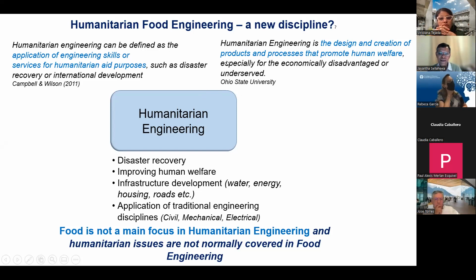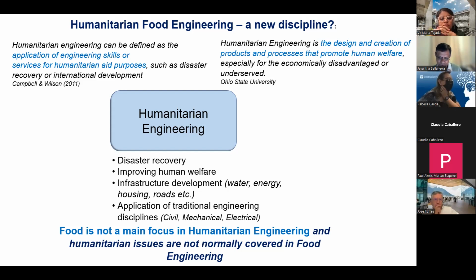I've highlighted some words from two definitions. In humanitarian engineering we talk about humanitarian aid purposes, disaster recovery, and human welfare. But in my opinion, humanitarian engineering is very much about infrastructure.